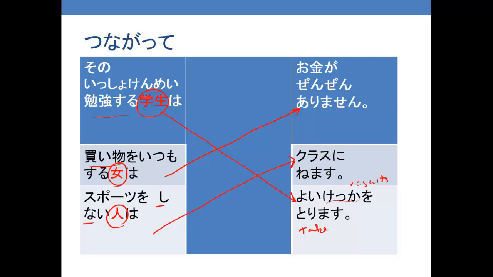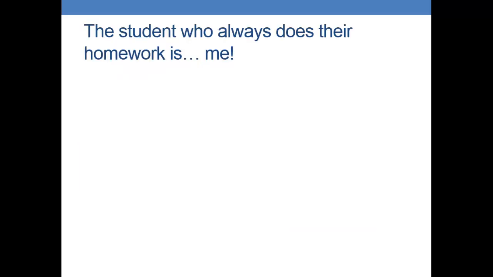Let's do one last example just to check that all of this has made sense to you. Looking at this sentence, English to Japanese: the student who always does their homework is who? It's me. The subject of the sentence is the student, because that's what we're explaining. So because we know the subject of the sentence goes in the middle, let's put our gakusei in the middle.